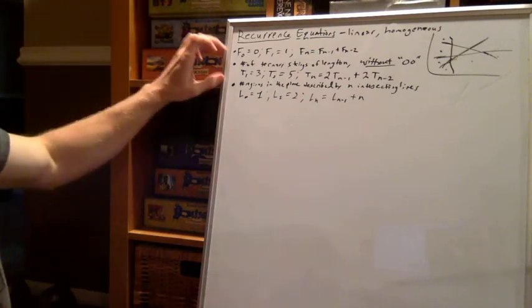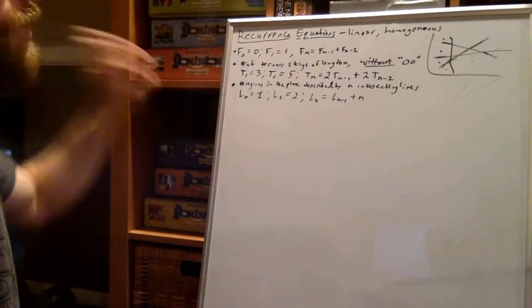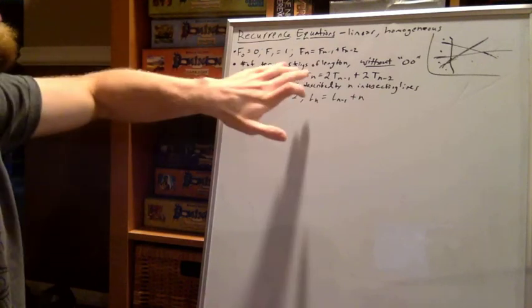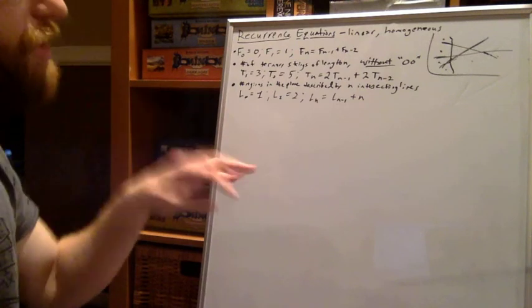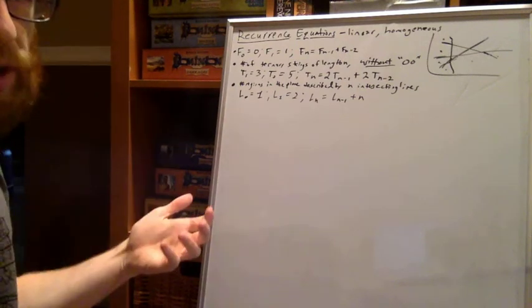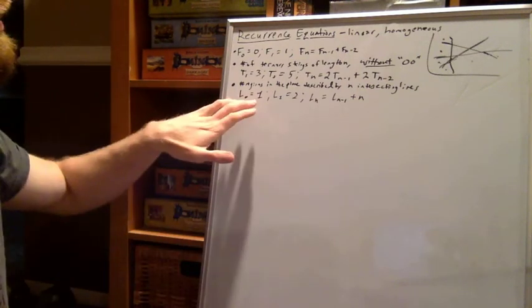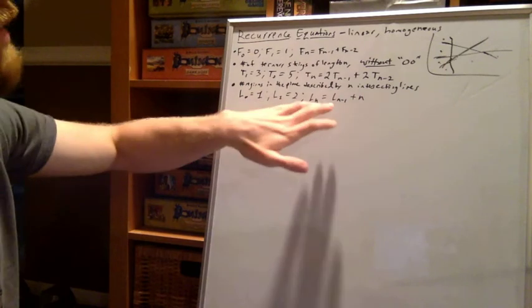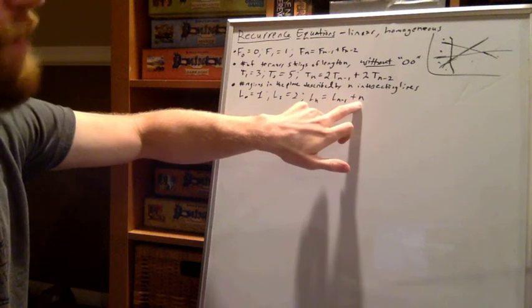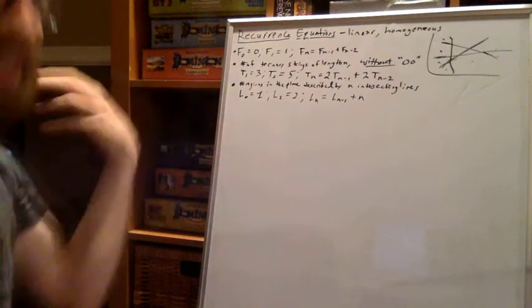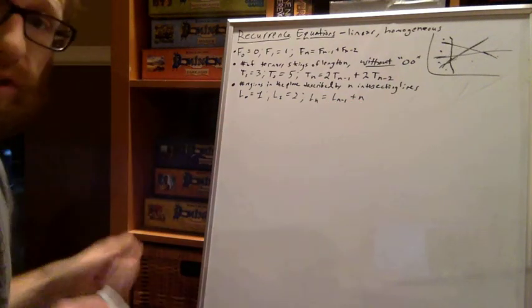Then these first 2 examples are going to be what I call homogeneous because it's just combinations of the previous 2 terms, of previous terms, and not any other expression. However, the regions of planes described by intersecting lines is not what I would call homogeneous, because we have this term here, which is not explicitly a previous term.